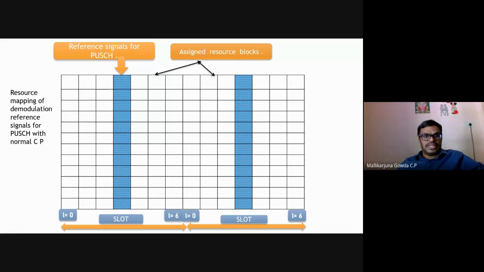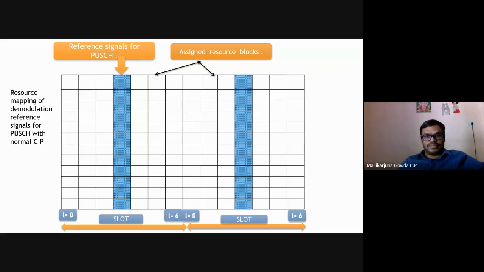In that I will be using l equal to 3 for transmitting the reference signal for the physical uplink shared channel. There are 7 symbols, 0 to 6, meaning 7 OFDM symbols in one slot. In that I am using the third OFDM symbol for transmitting the PUSCH reference signal.